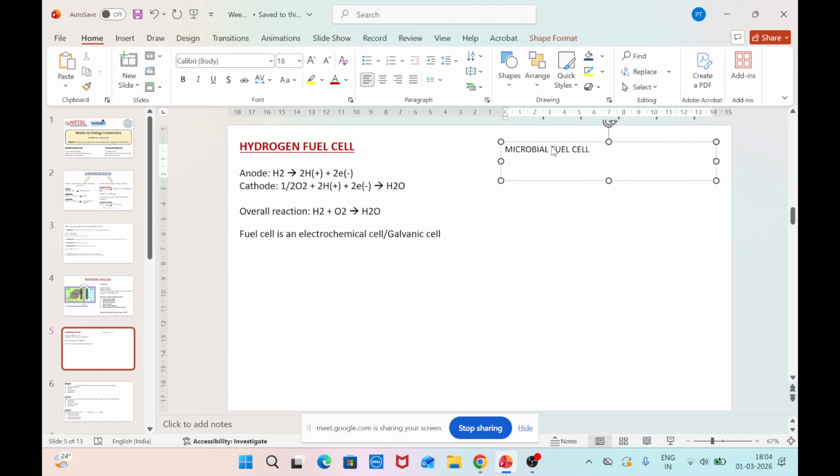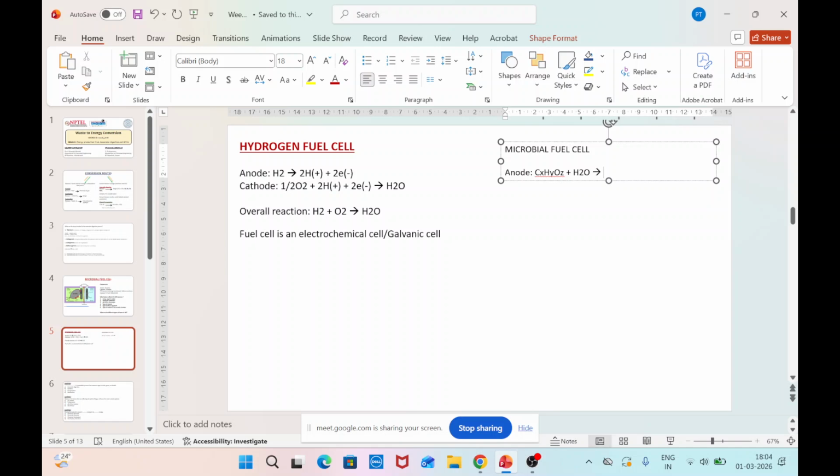So the typical reaction at the anode is CXHY, which is your organic matter. It could be any kind of organic matter, and also it has water.